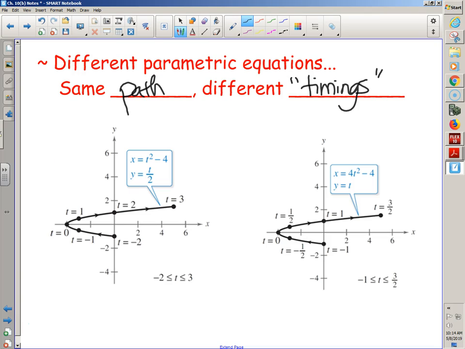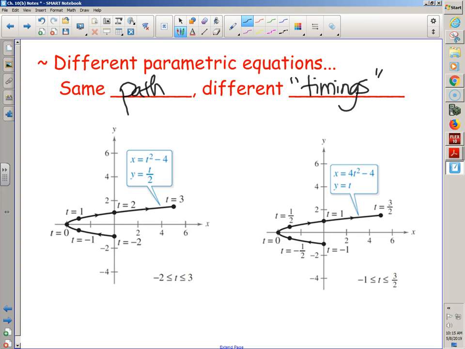But what about the equations? They're different. Why? Who's going faster? The exact same path, they just have different timings, so their equations look different because who's going faster? Right. The guy on the right only took the 3 halves, or 3.5 seconds or minutes or hours or days, whereas this guy took 3 whole ones.